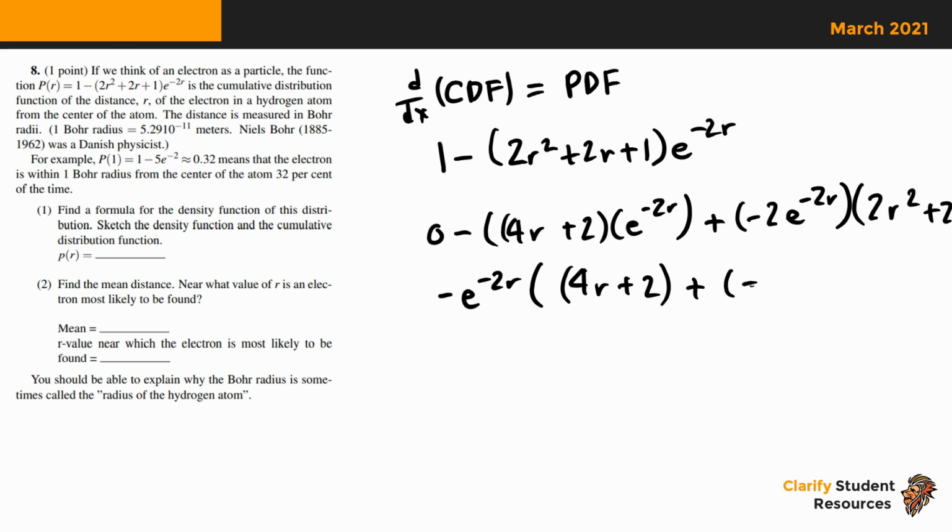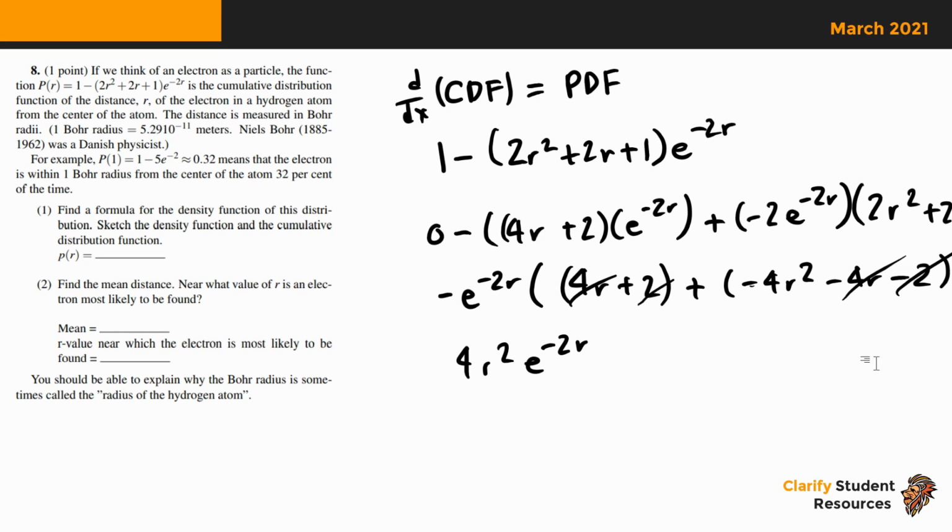So we get negative 4r squared minus 4r minus 2. And what we're going to see here is that these 4r's will cancel, and this 2 will also cancel. So we're just left with negative 4r squared, and that's going to be multiplied by negative e to the power of negative 2r. So this just becomes 4r squared e to the negative 2r.